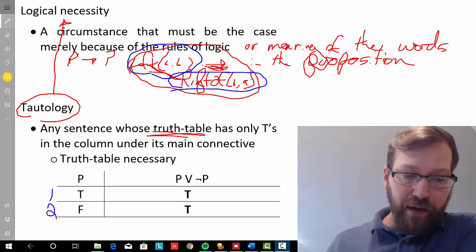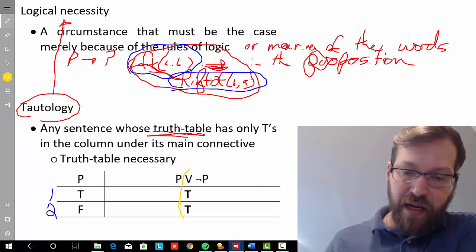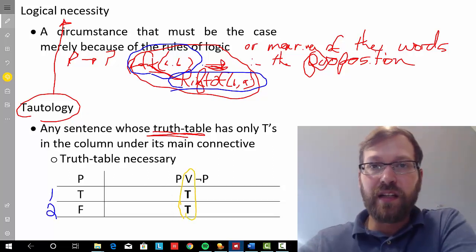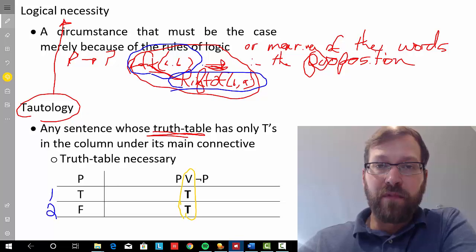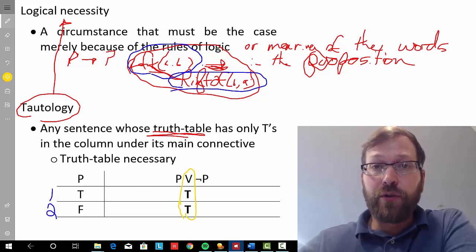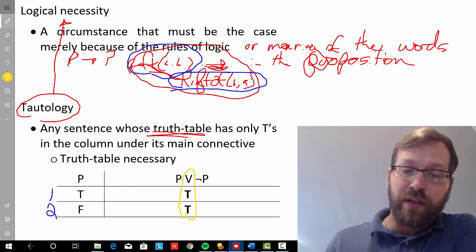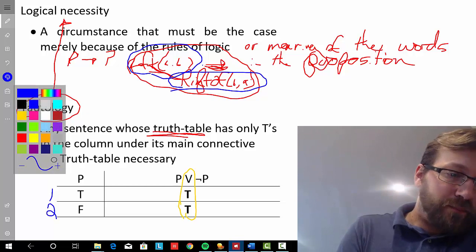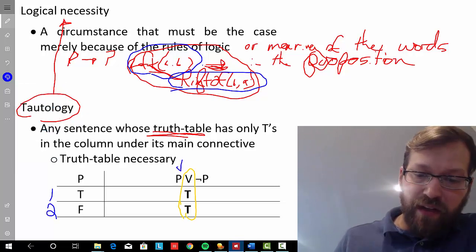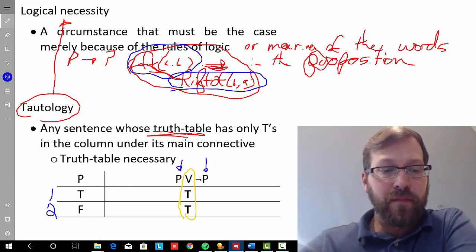And we see that no matter whether P is true or P is false, our sentence P or not P is got to be true. So for any truth combinations that are available to us, that sentence must be true. So in virtue of the truth functional connectives, P or not P has to be true. Again, it's not going to matter what the content of P is. It'll still have to be true anyway.